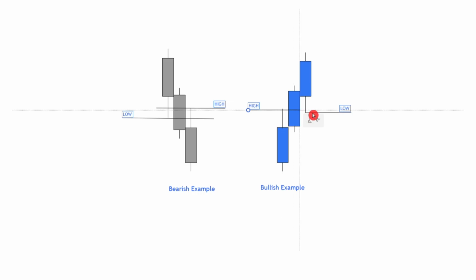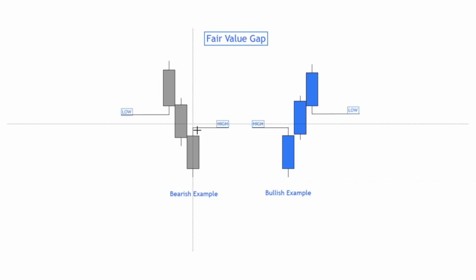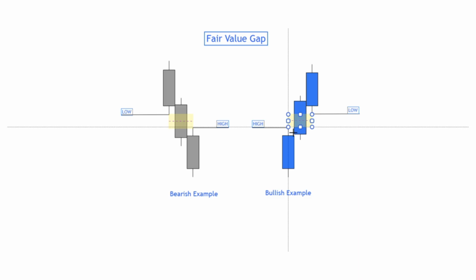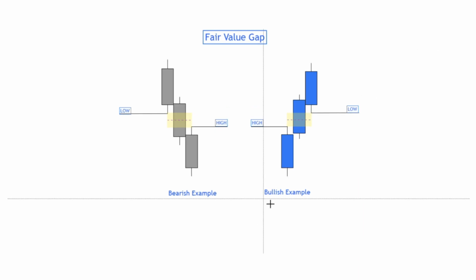If the high of the first candle and the low of the third candle overlap, there is no gap, therefore no fair value gap. To summarize it, a fair value gap exists only when there is a clear imbalance between the first candle's low and the third candle's high, and simultaneously between the first candle's high and the third candle's low. That is what we call a fair value gap.